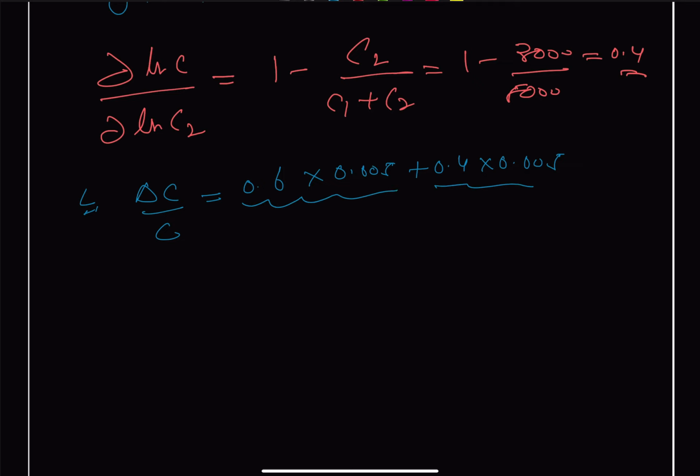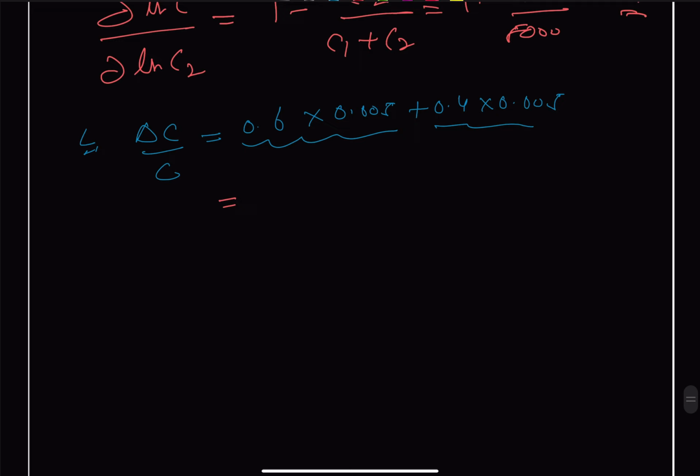And so we get delta C upon C will be equal to 0.005, which will be coming as 0.5%.